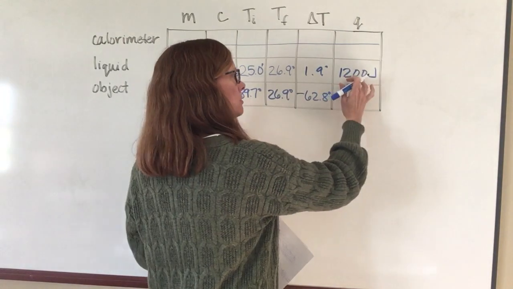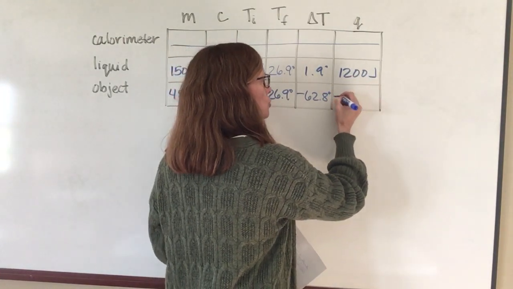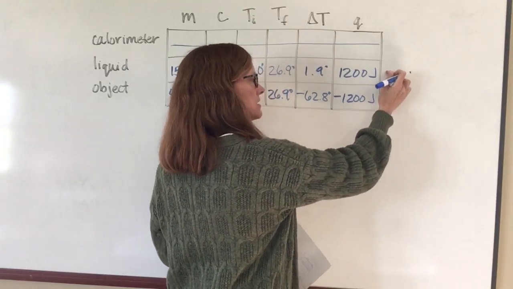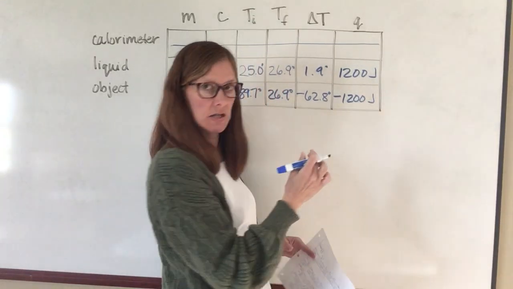So all I'm going to do is take this same 1,200 joules, and now I'm going to make it negative because the water gained it, but the metal lost it.